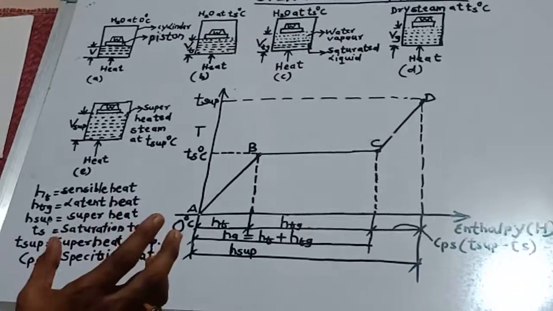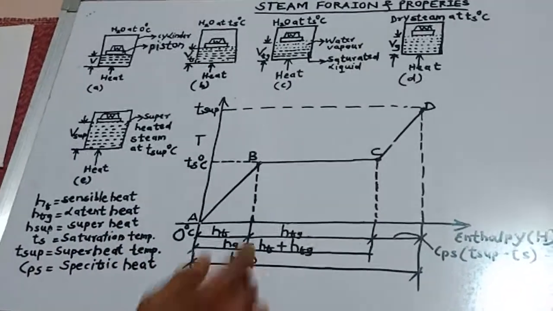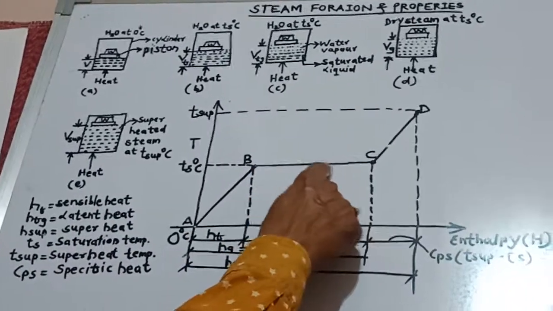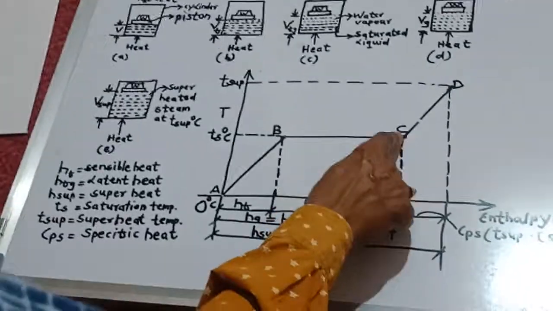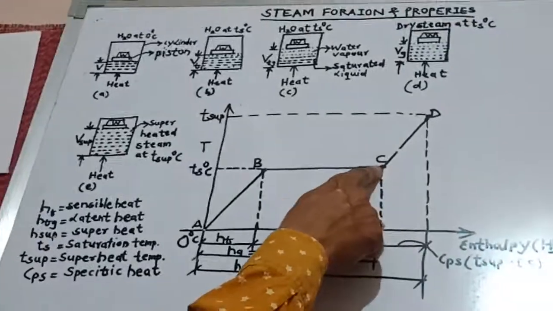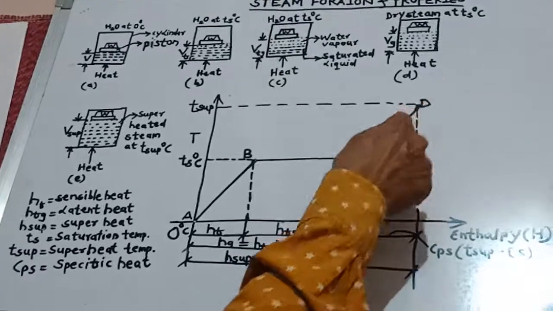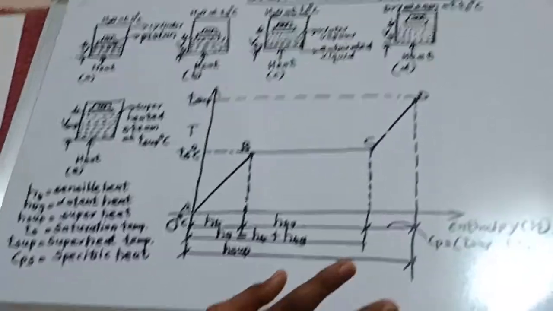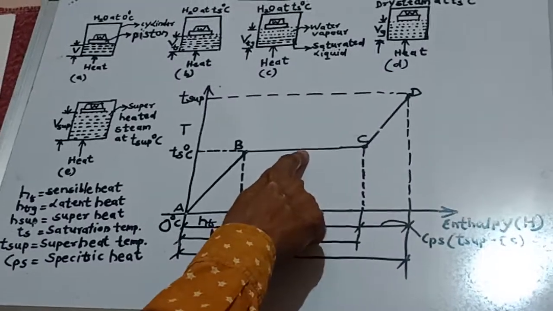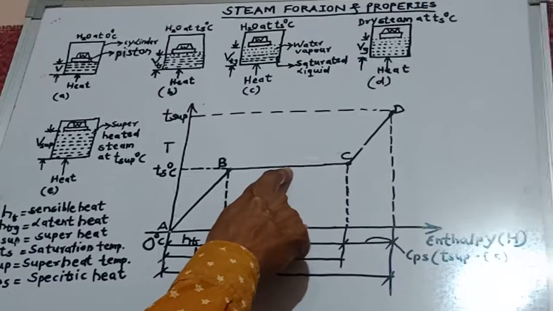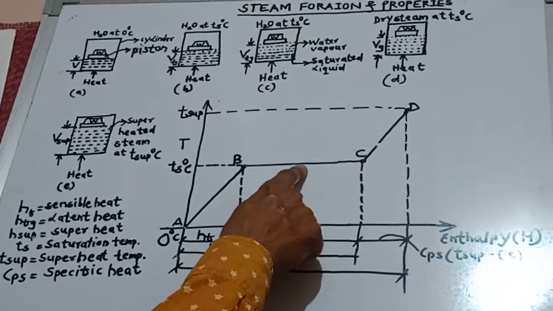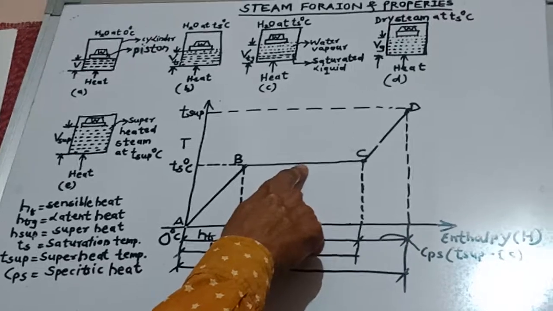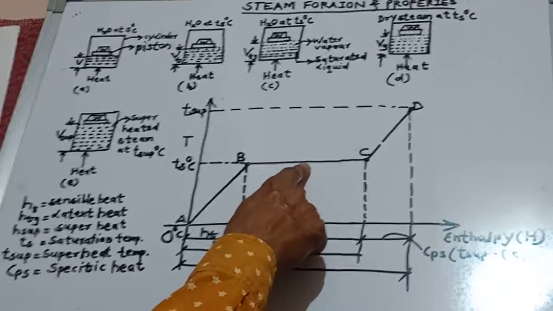One is wet steam: in this portion we obtain wet steam, at this point we obtain dry steam, and between C and D we obtain superheated steam. So what is wet steam? Wet steam means it is the mixture of water plus vapor.